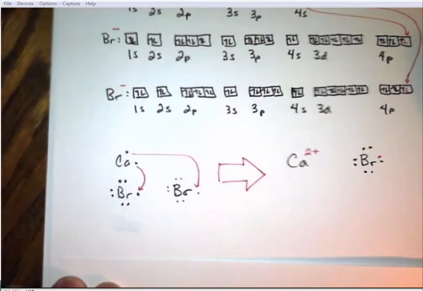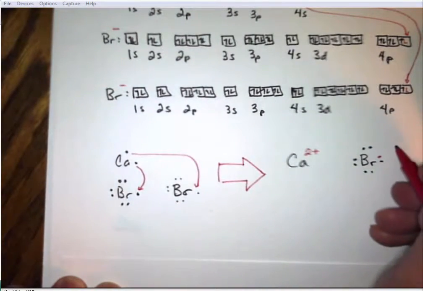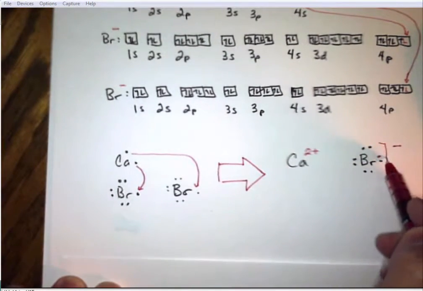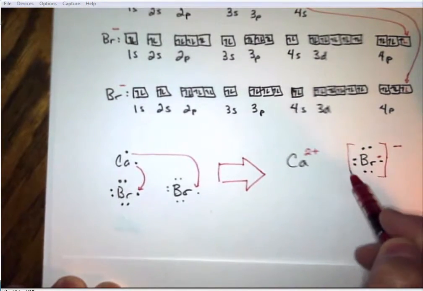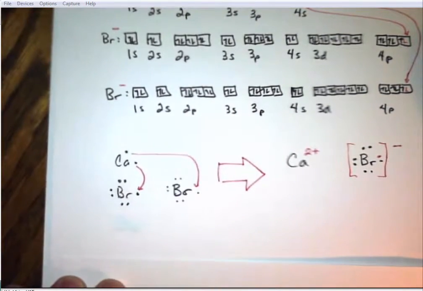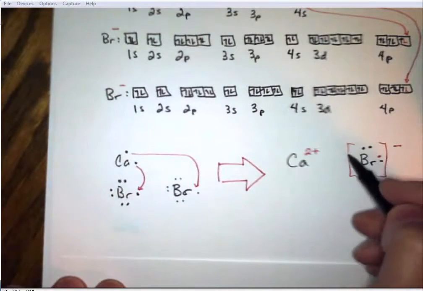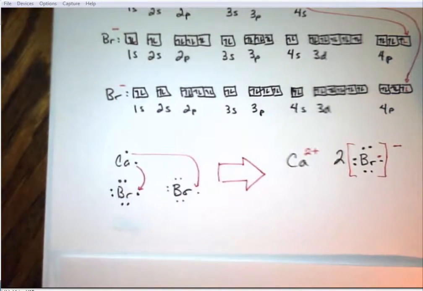And in order to show that this negative charge applies to the whole thing, I really need to put brackets around it. That makes sense? Now I can draw 2 of these bromines in brackets, or I could just put a coefficient 2 in front of it to show I got 2 bromines. Make sense? Everybody good? All right then.